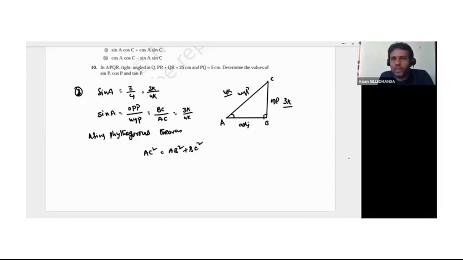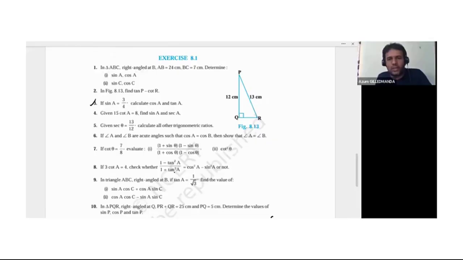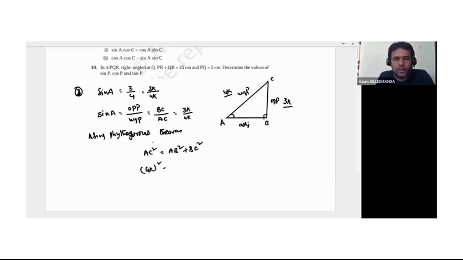AC we know, that is 4K whole square, equal to AB, which I don't know, so let's leave as AB. That's what we need to find, right? So that equal to AB square plus BC, which is 3K, whole square. So this is 16K square equal to AB square plus 9K square.